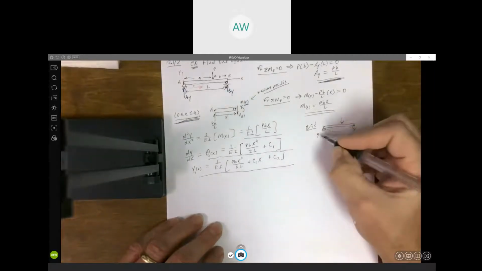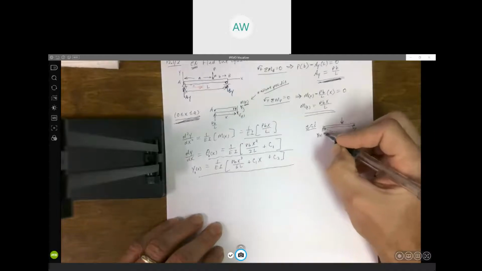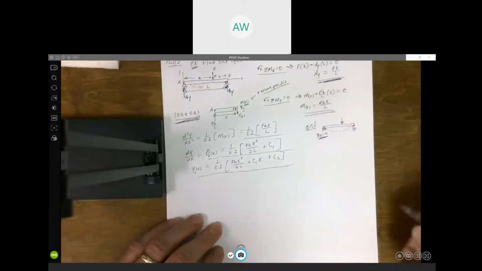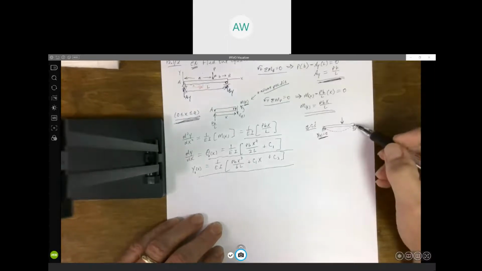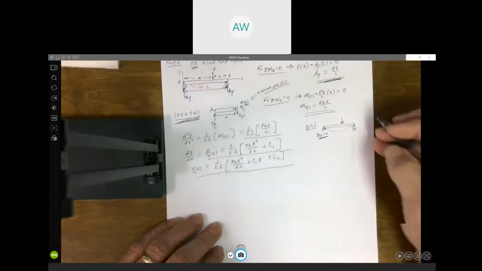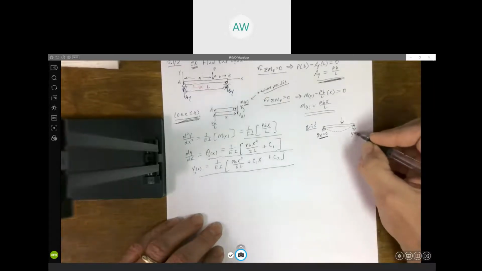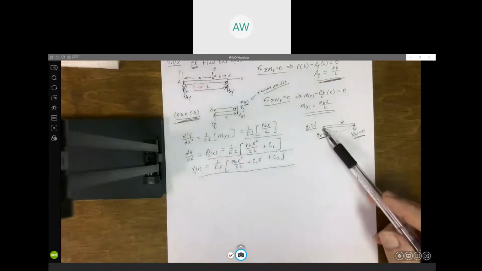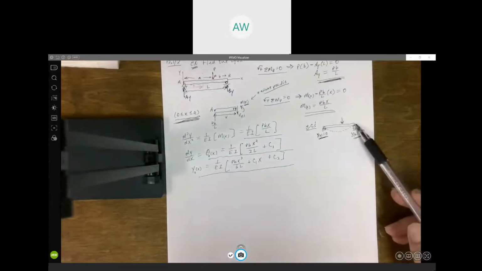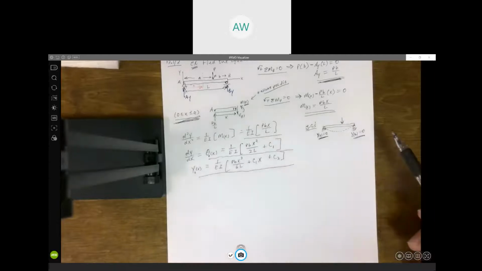So I know the displacement y when x is 0 is equal to 0. Also know the displacement over at the right end is also 0. Right? It's resting on that roller support. It can't move down. So my displacement when x is equal to L is also 0. Right? I know y is 0 at this end when x is 0. And I know y is 0 at that end when x is L.